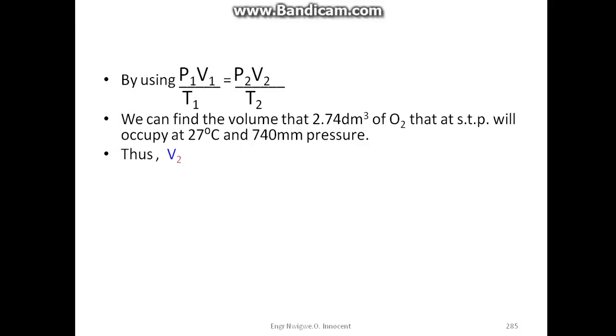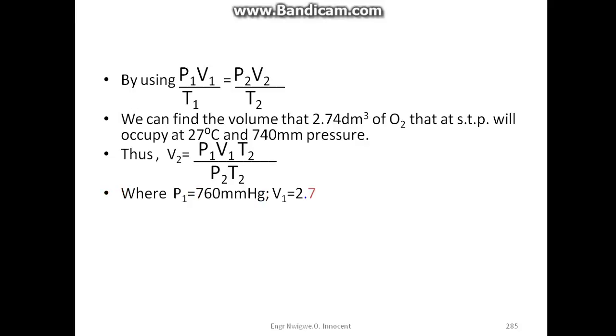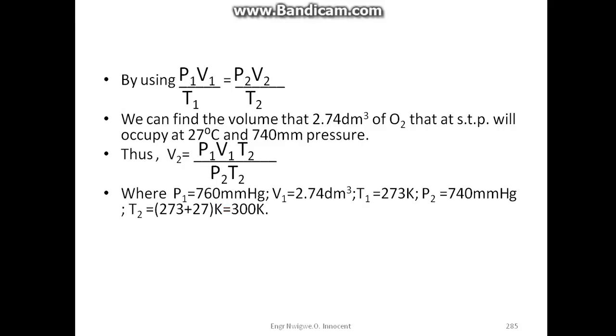Thus, making V2 the subject of the formula, you have P1V1T2 over P2T1, where P1 is 760 mm of mercury, V1 is 2.74 dm cube, T1 is 273 Kelvin, P2 is 740 mm of mercury, T2 is 273 plus 27 Kelvin, which will give us 300 Kelvin.